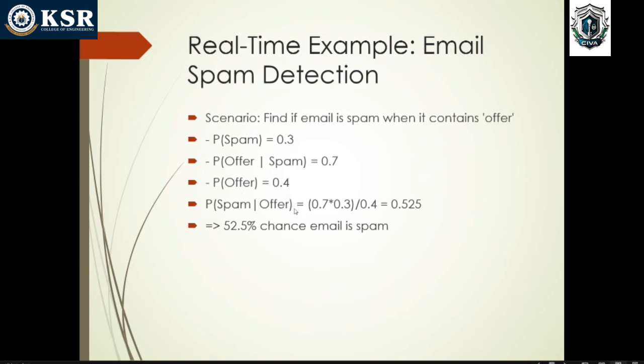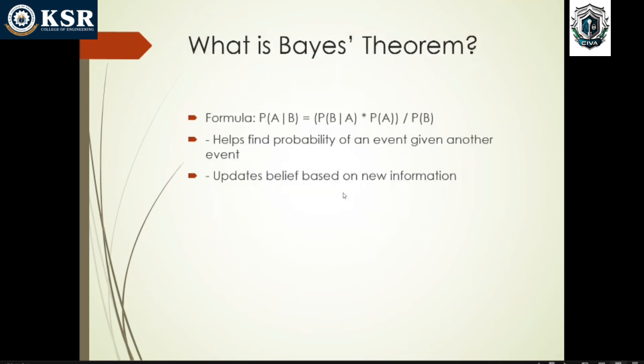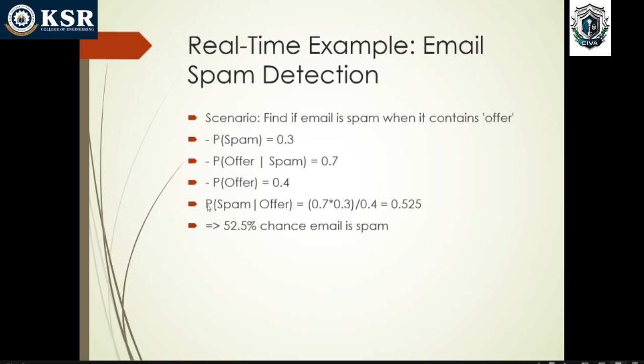To find this, I use P(B|A), which is the opposite of what we want. I already have that data as 0.7. Next I want to find P(A), which is the probability of spam. I already have that as 0.3.